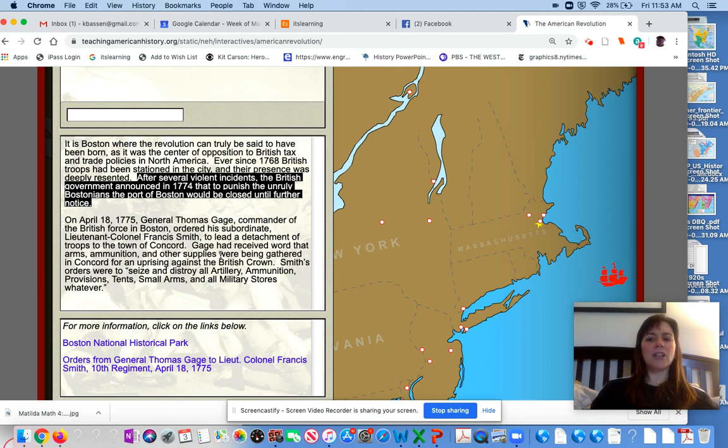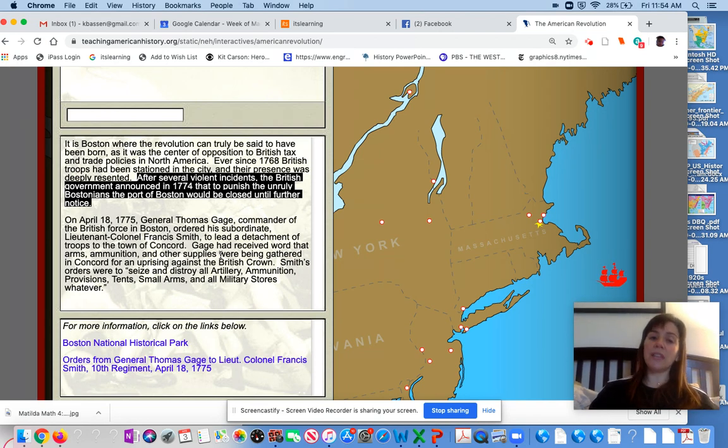That has a lot to do with the destruction of private property in the Boston Tea Party, which is a fun way of saying people boarded a ship dressed as Mohawk Indians and dumped hundreds of pounds of tea overboard, worth thousands of pounds, to protest the fact that the colonists had to only buy tea from this particular company in order for it to make a profit. And people in Boston were particularly aggrieved by this.